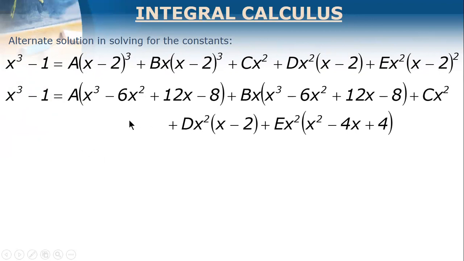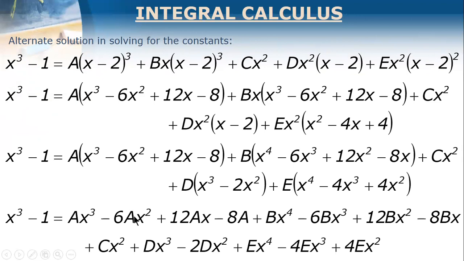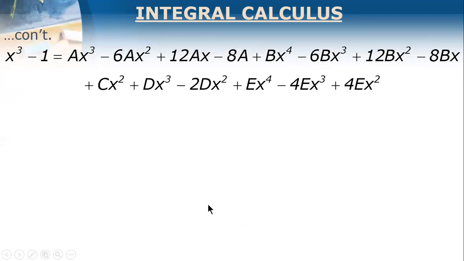And then distribute A sa each term, as well as bx, dx squared, and then ex squared. Okay. So, after ma-distribute ang A, bx, dx squared, and ex squared, this is the result.